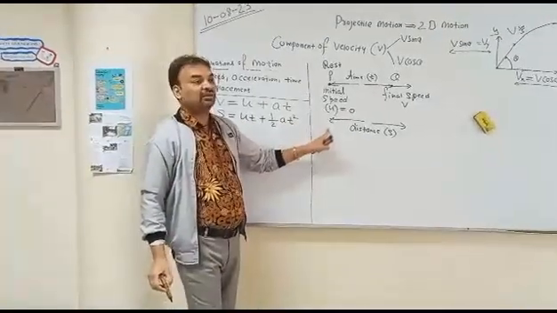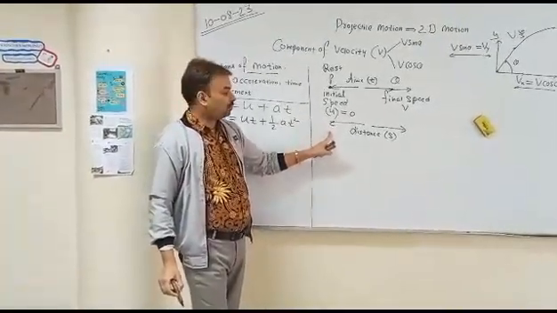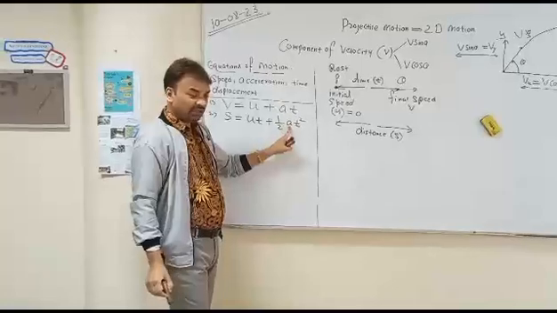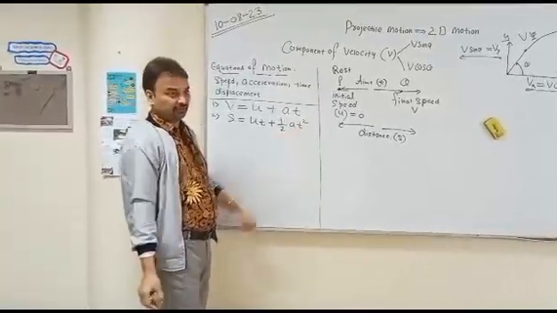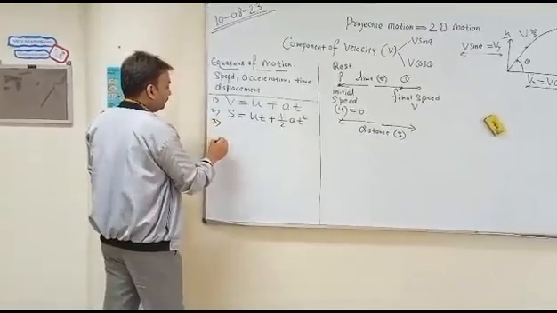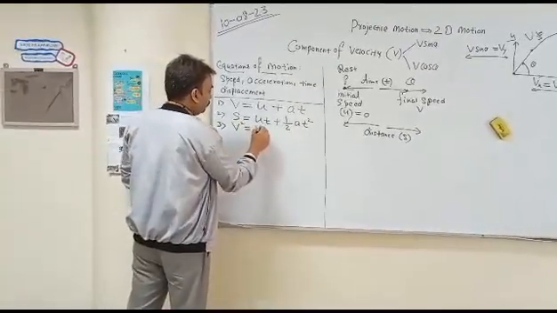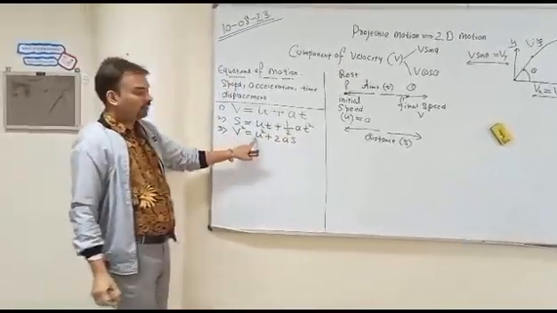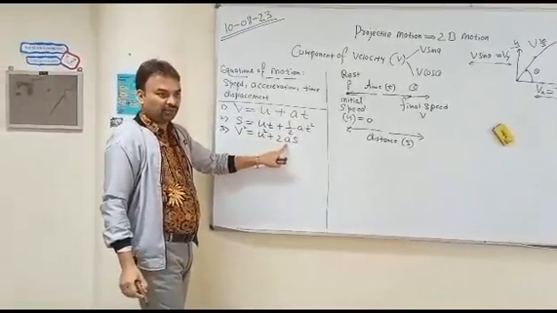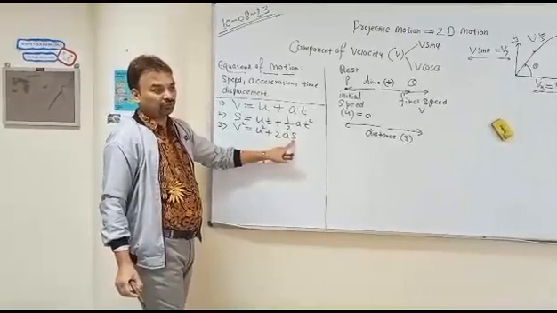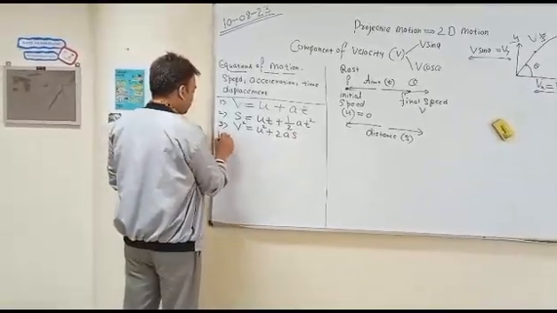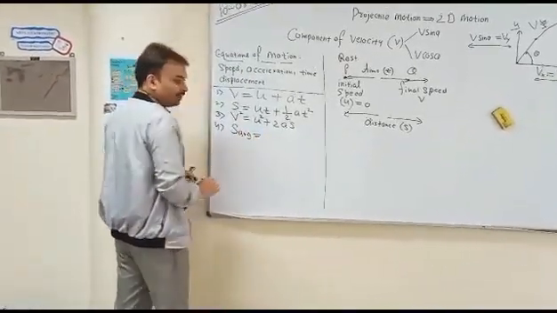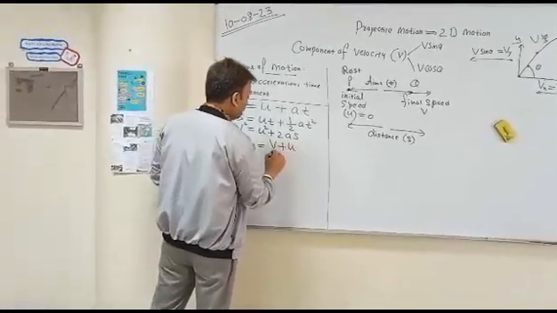S is the distance or displacement between P and Q, u is the initial speed, t is the time, and a is the acceleration between P and Q. The third equation of motion: v² = u² + 2as, again with final speed at Q, initial speed at P, acceleration between P and Q, and distance between P and Q. We can use one more equation, the average speed: average speed = (final speed + initial speed)/2.